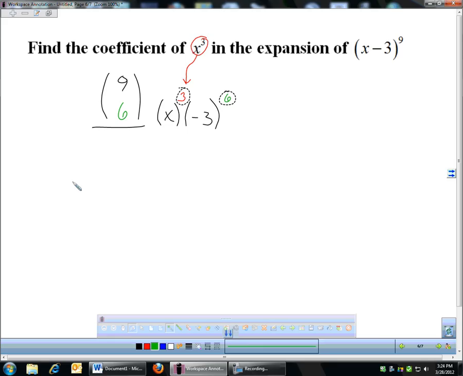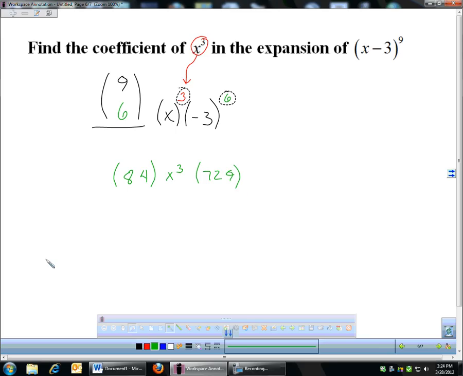So our calculator, come on, don't fail me here. So I need to do 9, choose 6. 9, choose 6 is 84, times x cubed. And negative 3 to the 6 is 729. And then we'll multiply 84 times 729.